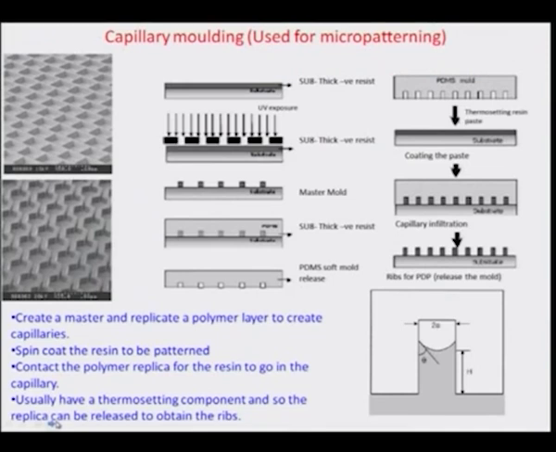A very interesting process which is sometimes used for display technologies is capillary molding, used for micro patterning. And here typically the process starts with a thick SU8 negative tone resist coated onto a surface which is UV exposed selectively, so that you have cross-linked areas remaining as pillars on the surface of the wafer.